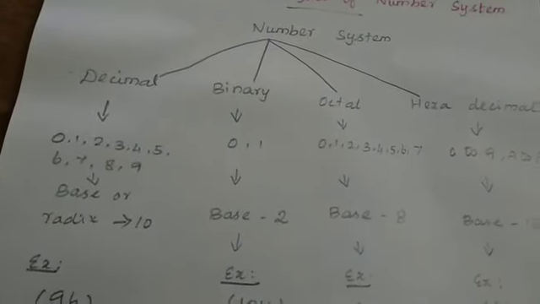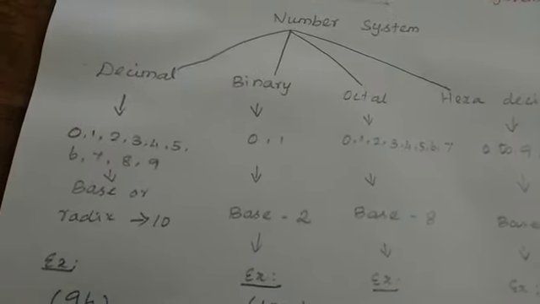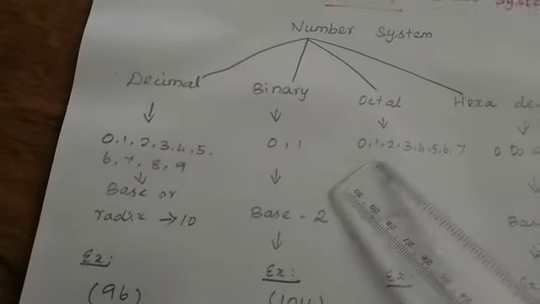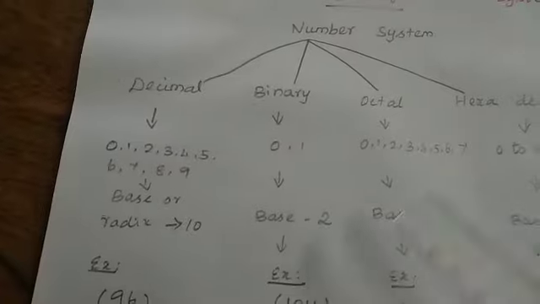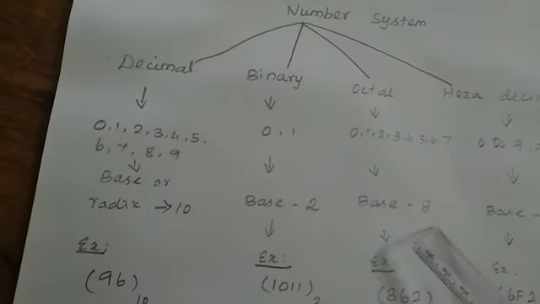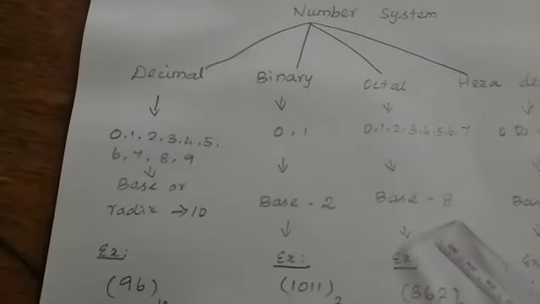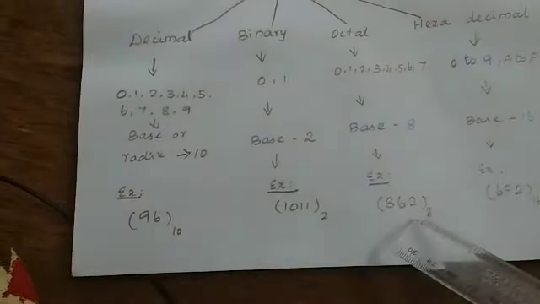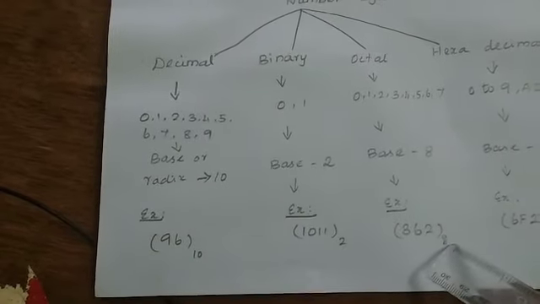And next one, the octal number system. The octal number system consists of 0 to 7 numbers. So the base or radix of the octal number system is 8. For example, 362 with base 8.